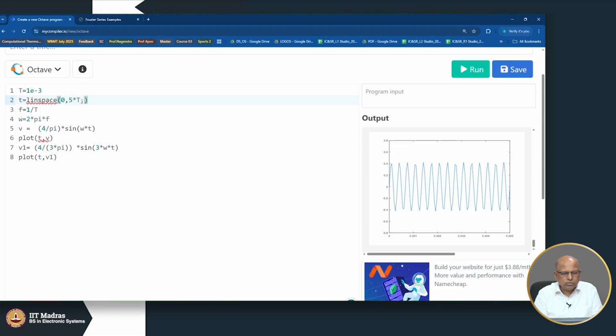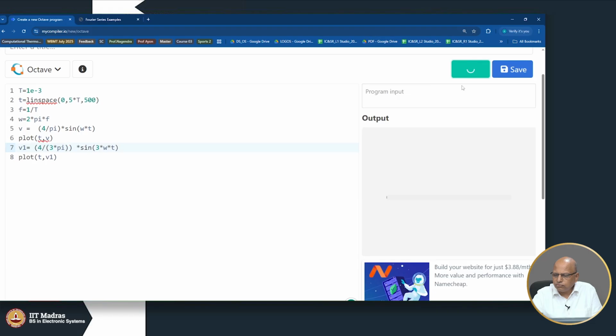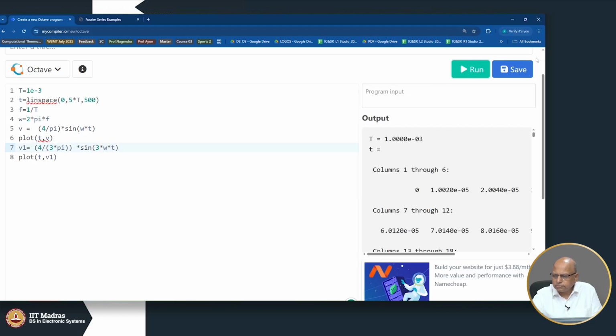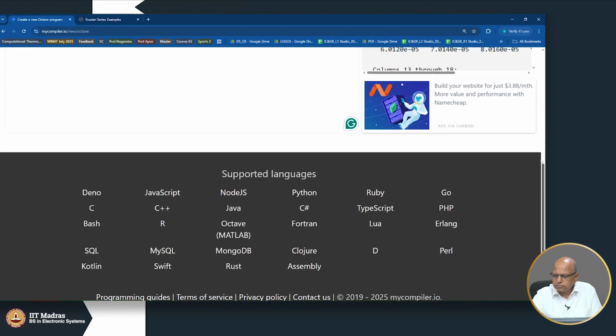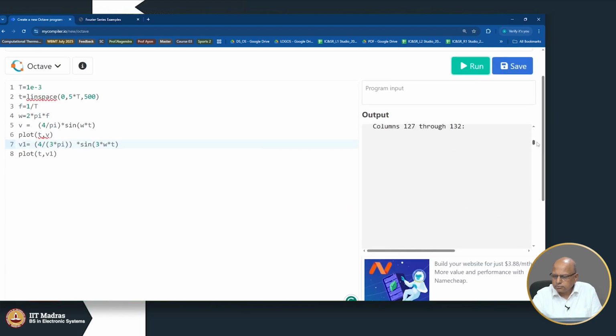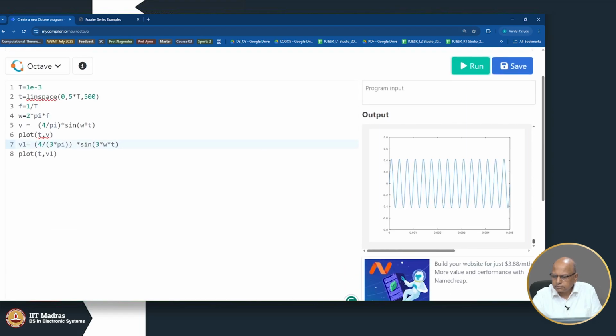So, we can increase it to maybe 500 points. That will look better, the waveforms will look better. Okay. You can see this is the 4 by 3 pi into sine of 3 omega t.